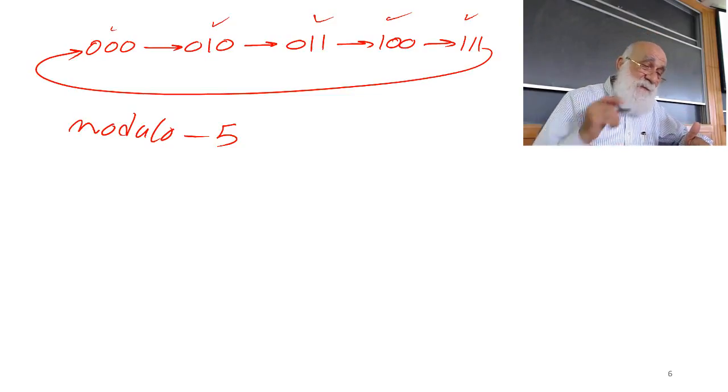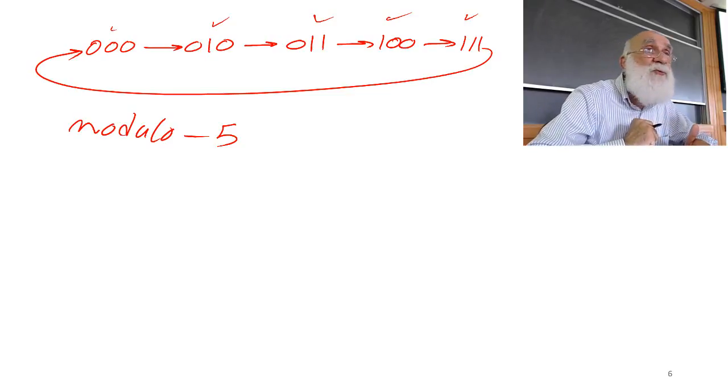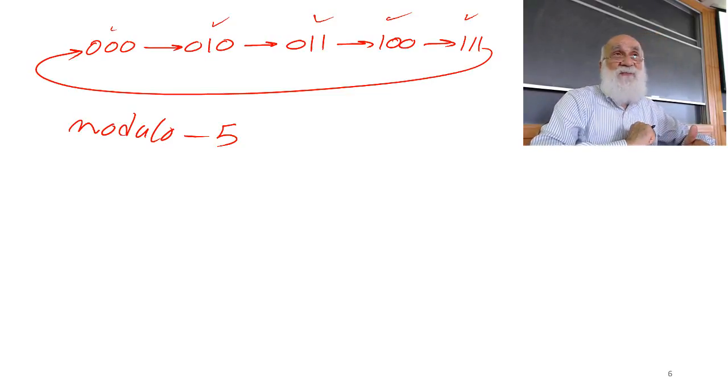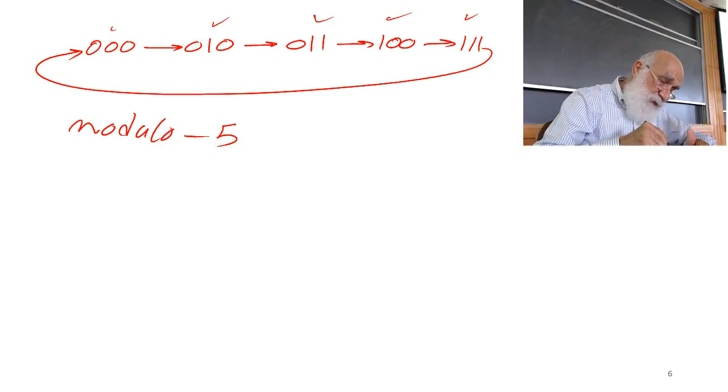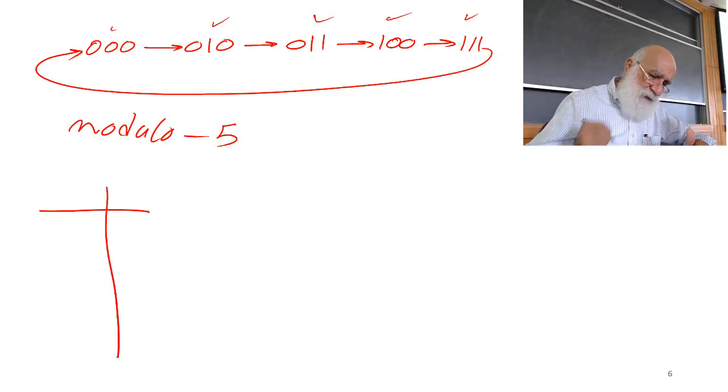To make things easy, let's do a modulo 5 counter, just like what I've shown up there. I'm going to first come up with my transition table.